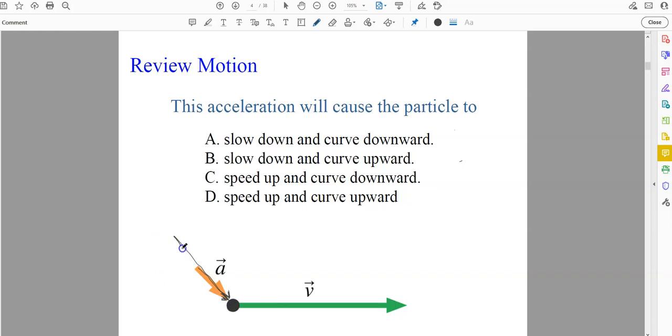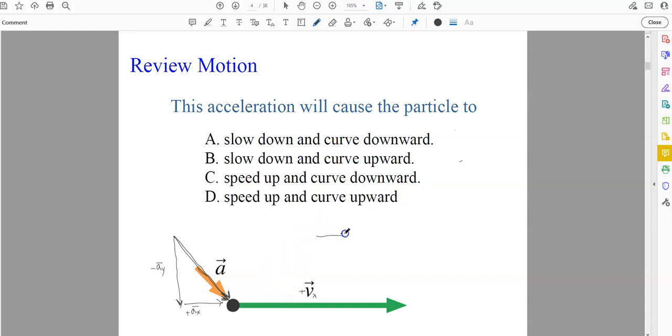Describing this vector, it looks like it's pointing down, but it's also pointing to the right. So this acceleration vector is going to have a negative y direction acceleration, and it's going to have a positive x direction acceleration. And we already have a velocity vector that is pointing in the x direction.